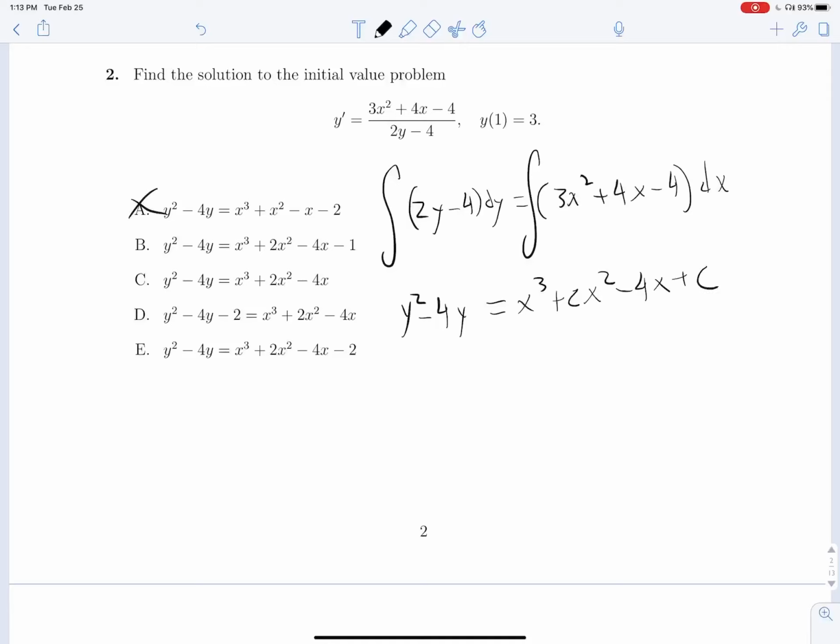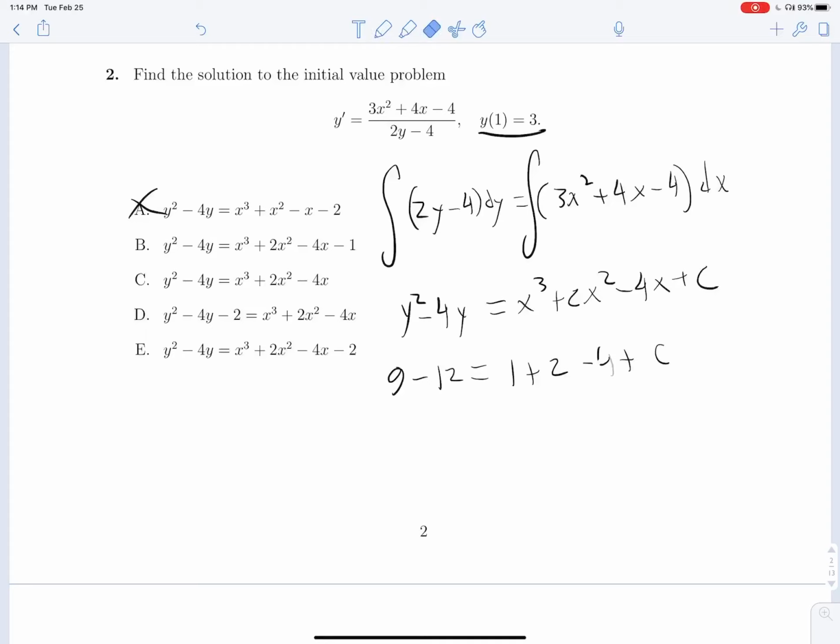We can go through and get rid of at least one answer choice. That looks like the only one that we can rule out now, and we're going to have to evaluate our initial condition to learn anything else. So y is equal to 3, x is equal to 1. So if y is equal to 3, this will be 9 minus 12 is equal to 1 plus 2 minus 4 plus c.